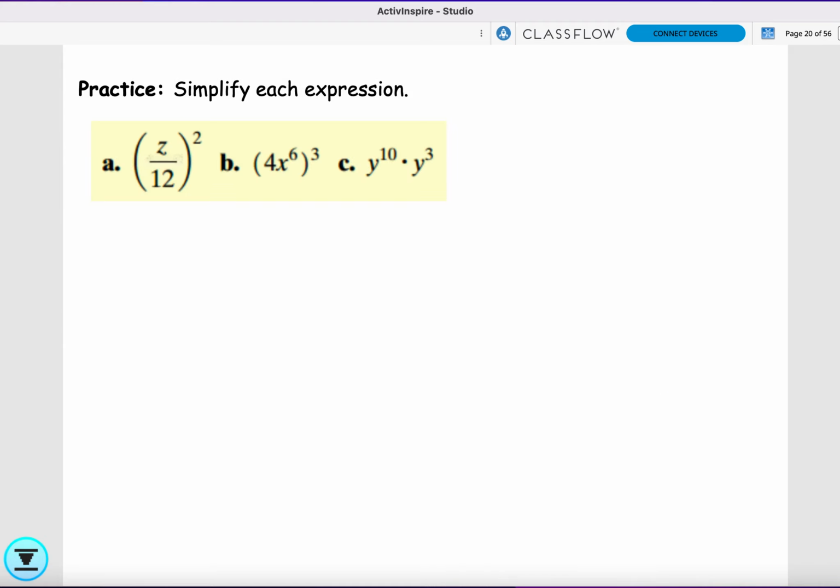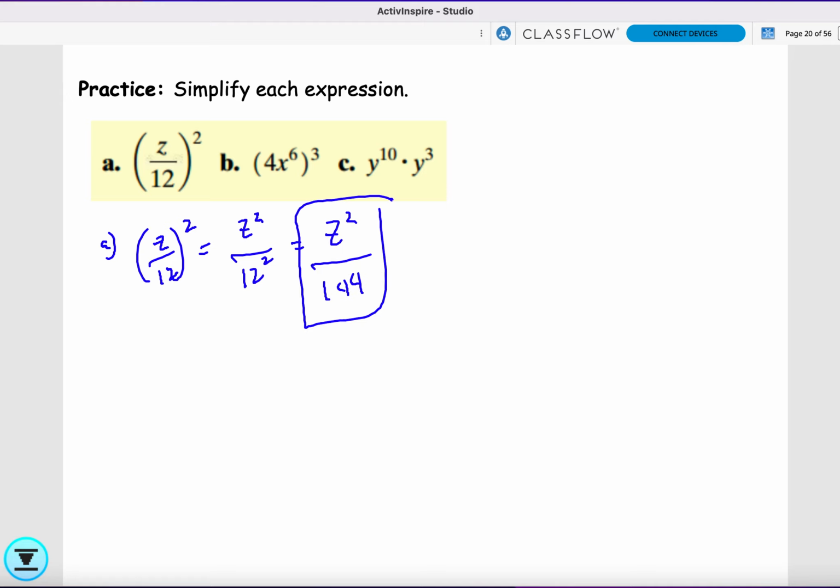Here are some practice problems for you to try out. So then we get z over 12 squared. So then we get z squared over 12 squared, which is z squared over 144. We're done there with A. B, it'll be 4x to the 6 cubed.